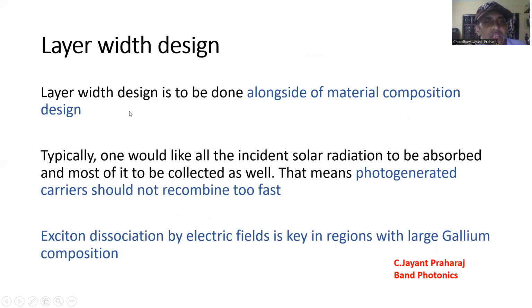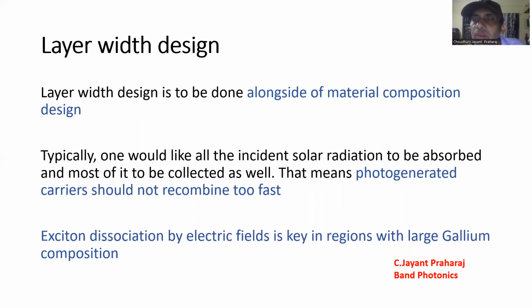Some more about layer width design. So the layer width design has to be done along with material composition, the material grading design. Now, the consideration is that we want to absorb all of the incident solar radiation and most of it to be collected, or that means the photogenerated carriers should not recombine too fast.